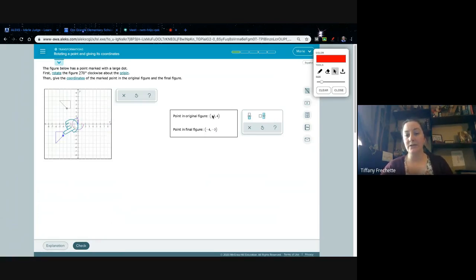So now I switched. The 3 and the 4 switch spots. The 3 is still negative, but the 4 is now negative also. So the relationship with 270 is that you switch X and Y, but only the Y changes signs when you flip it. The X stays the same. So it's actually another relationship there. Let's check. And we're good.